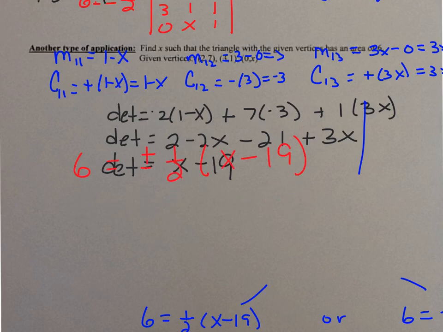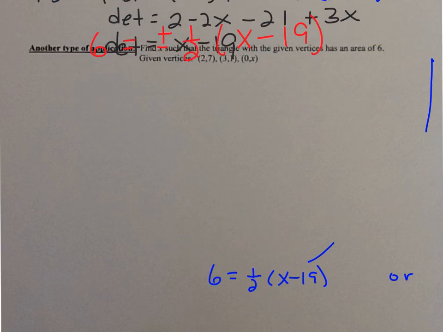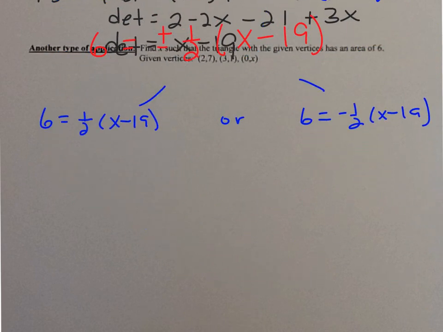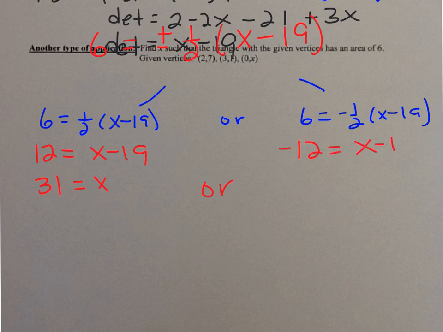To make this nice, I'm going to get rid of the half by multiplying both sides by 2. So that's 12 is equal to x minus 19. Add 19, and we get x is equal to 31. Or multiply both sides by negative 2, so I get negative 12 is equal to x minus 19. Add 19, and I get x is equal to positive 7. So x could be two different things to get me 6 as an answer, 7 or 31. Okay, so that's it, and we'll practice in class tomorrow. Have a good night.